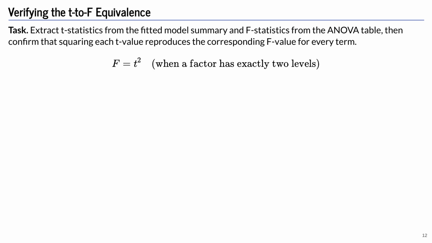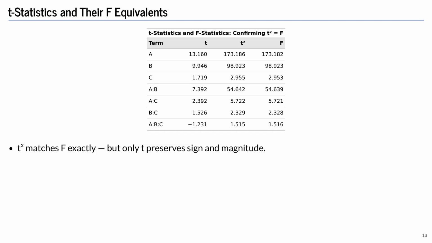Let us verify the t-squared equals f relationship on the polymer data. We extract the t-statistics from the fitted model and the f-statistics from the ANOVA table. Then check that squaring each t reproduces the corresponding f. Here are the numbers. Temperature, t-statistic of 13.2, t-squared of 173, f-statistic of 173.